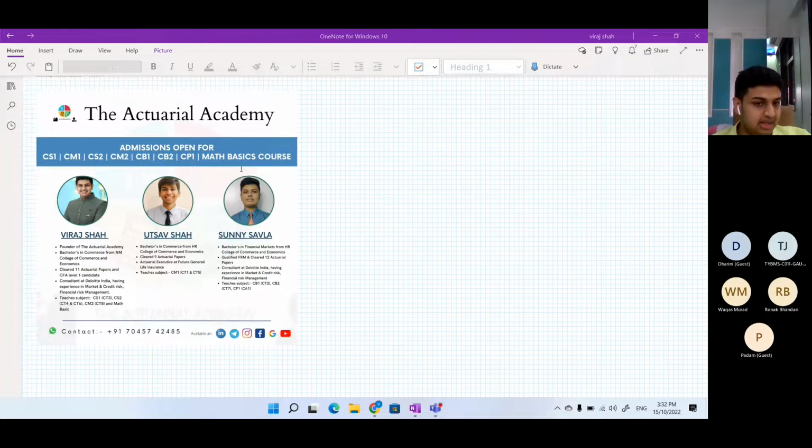Apart from that, I have around 2 years of teaching experience and have mentored around 500 plus students for actuarial science. I'm also a consultant at Deloitte India, where I have experience in market risk, credit risk, risk management, and enterprise risk management with respect to several banking as well as insurance companies.